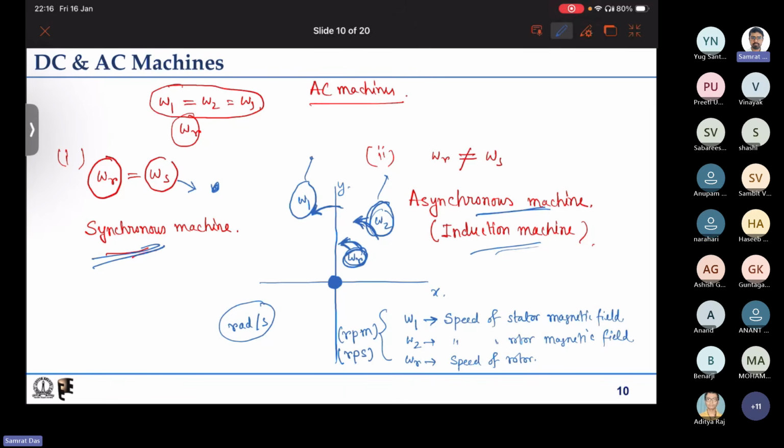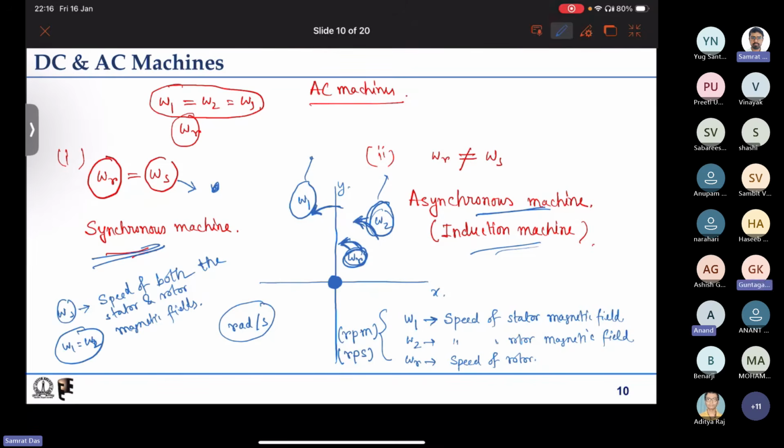Omega s, yes. Omega 1 and omega 2 actually are both omega s, the same speed of both the stator and rotor magnetic fields. So omega s is equal to omega 1 equal to omega 2.